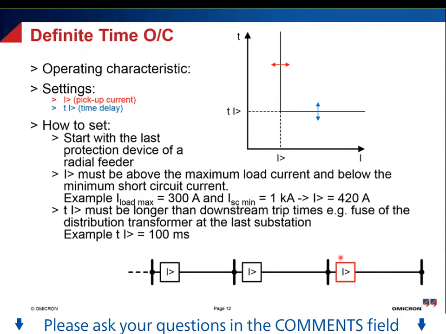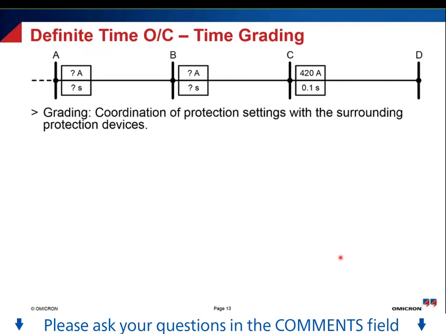So this is for the first protection device in this radial feeder. But what about the other protection devices here, the protection devices in B and in C? Well, for this we have to do protection grading. That means we need to do a coordination of the protection settings between the surrounding protection devices.